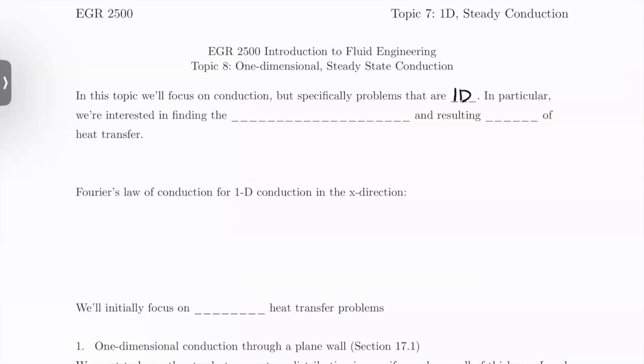And in particular, what we're going to be looking for, instead of finding rates of heat transfer, so instead of finding Q dot, is we want to find the resulting temperature distribution and the resulting rate of heat transfer. So we're still finding Q dot, but mostly the new thing that we're adding here is the temperature distribution of our solid body that's undergoing conduction.